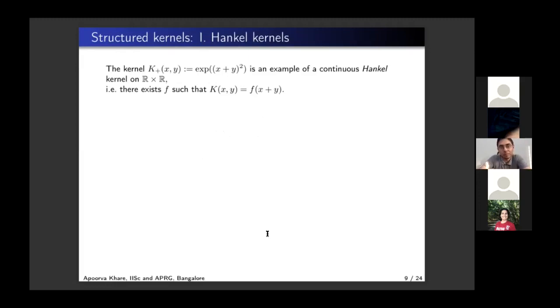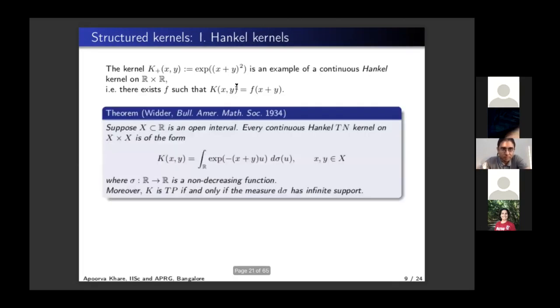So the kernel K plus is an example of a continuous Hankel kernel, meaning there is a function of x plus y alone which equals the kernel. It turns out that such kernels were actually completely classified by Widder in the 30s. As I said, this is a talk full of very classical results, in some sense basic, simple observations.